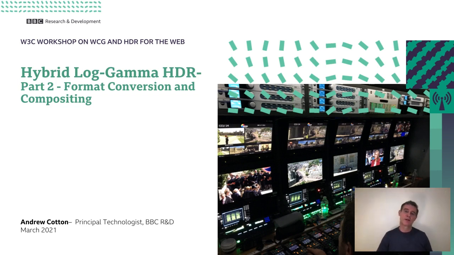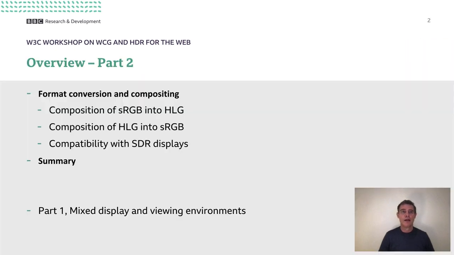In the first talk, I explained how HLG was designed from the outset to target a wide range of different peak luminance HDR displays and could be viewed across a wide range of different environments. In this talk, we're going to focus on format conversion and image composition.